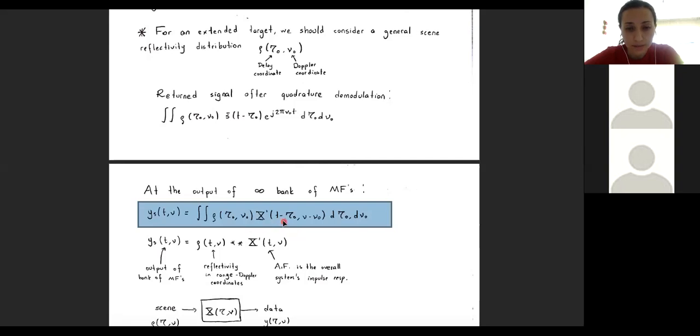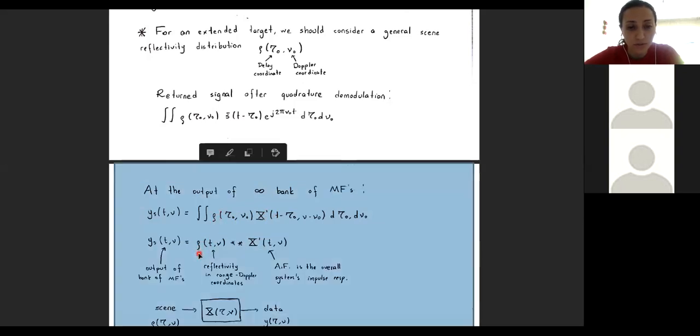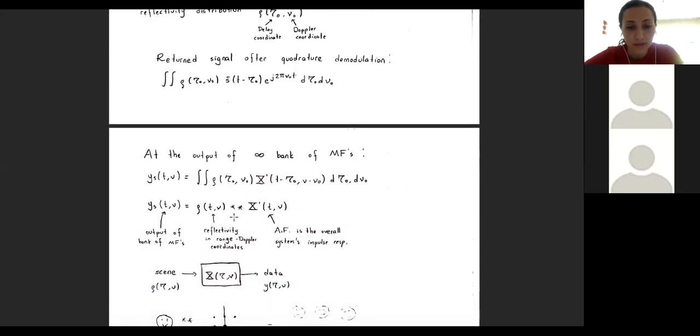And if you look at this, this is nothing but a convolution relation. It's the convolution of the ambiguity function, x prime, with the reflectivity distribution of the extended target. So the reflectivity of the target in range and Doppler coordinates will be convolved with the ambiguity function. And that's what we will see at the output of the infinite bank of matched filters.